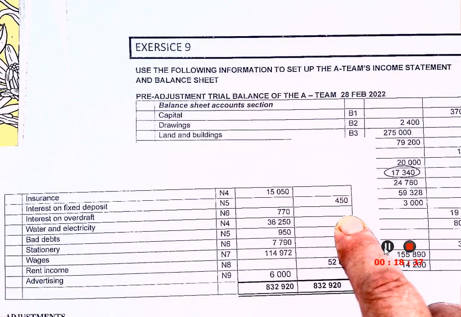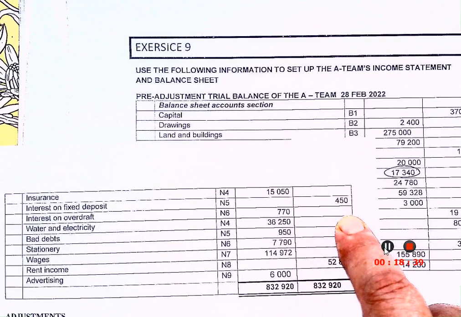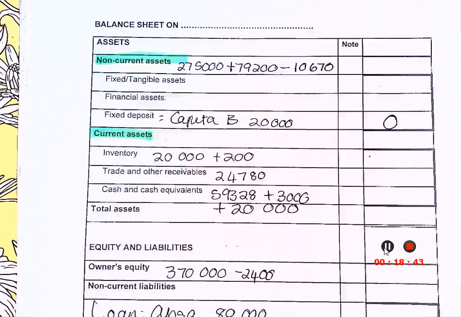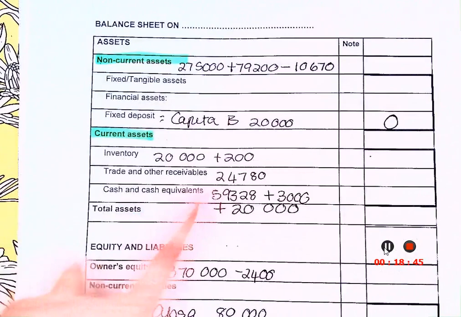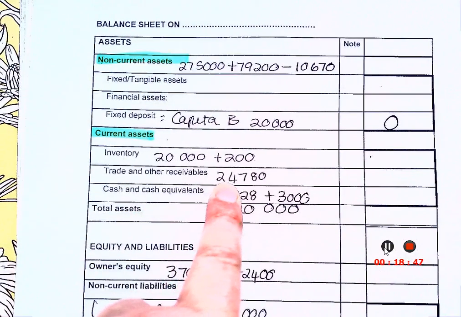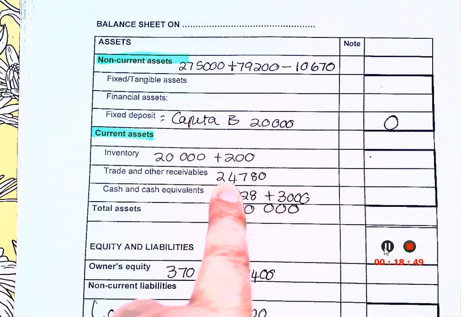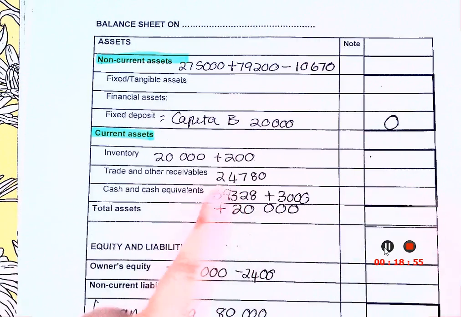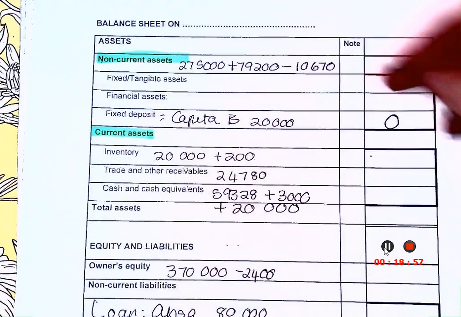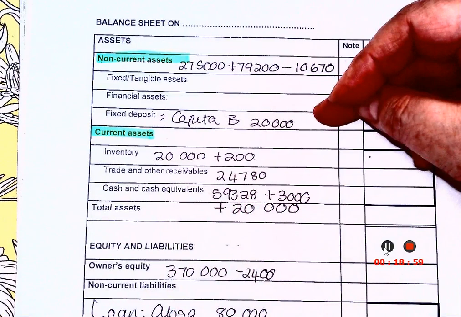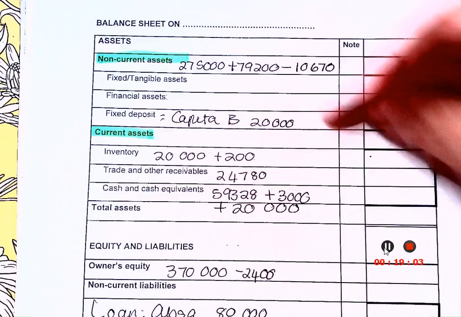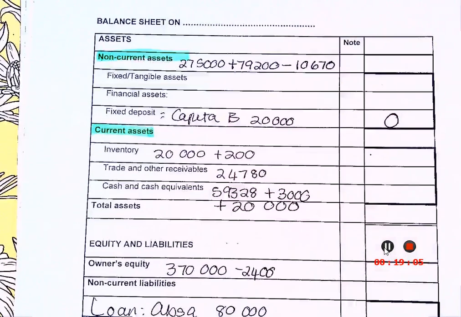And where else will I add it? Accrued income. And where's accrued income here? Receivable. So the part of the interest that's not in the trial balance yet, if it's capitalized, I add it to fixed deposit. If it's not capitalized, I add it to receivables. It's just where you put it.